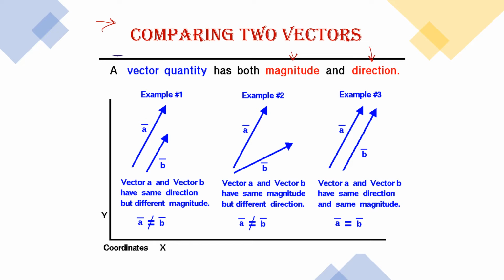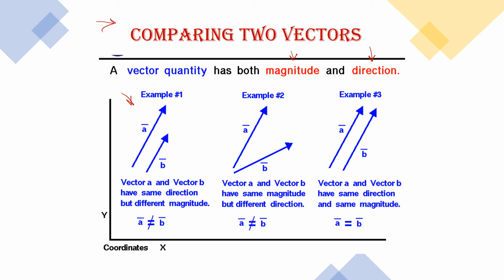If two vectors are equal in length but their directions are different, they are not equal to each other. In example number 1, the vector A is bigger than the vector B. Although their directions are the same, they are not equal.